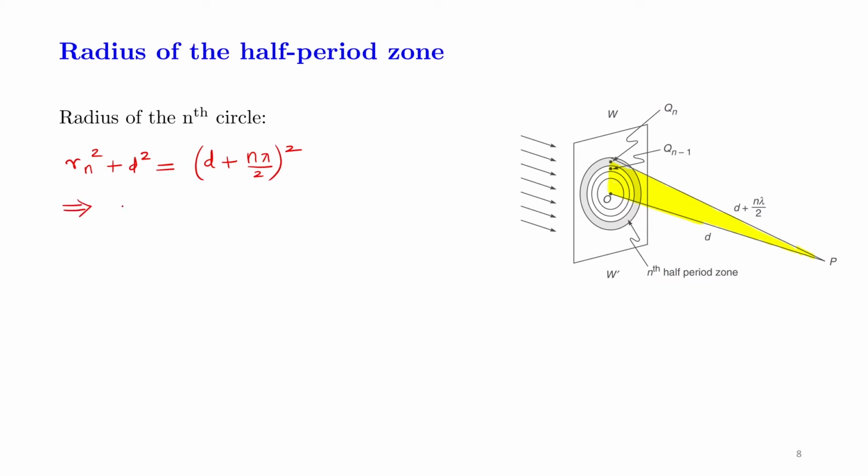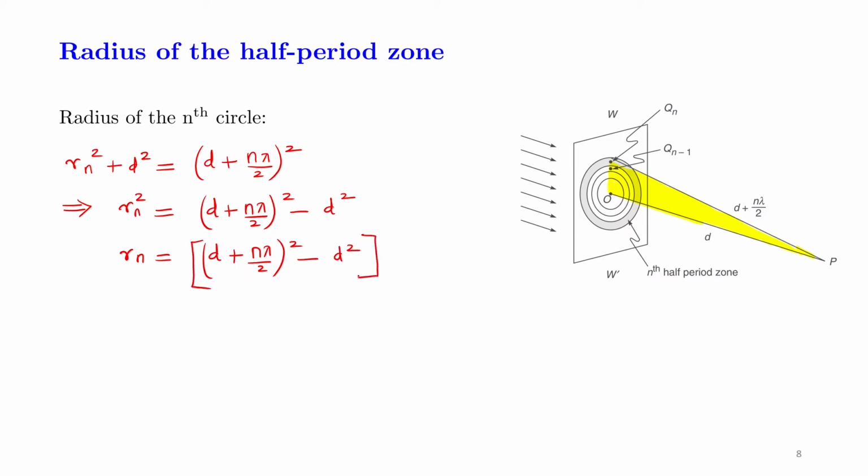From this, we have Rn square as equal to (d plus n lambda over 2) the whole square minus d square, or Rn equal to [(d plus n lambda over 2) the whole square minus d square] to the power of 1 by 2.